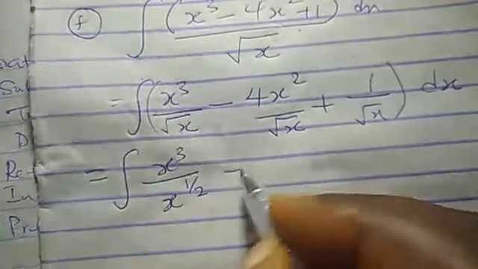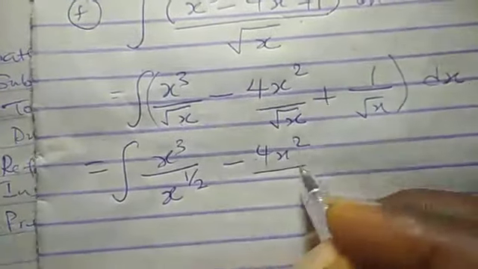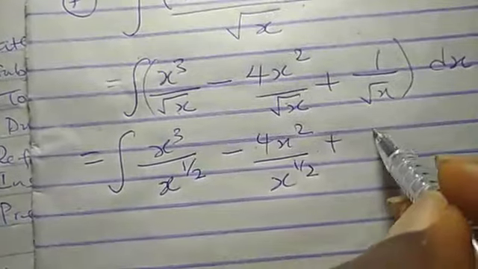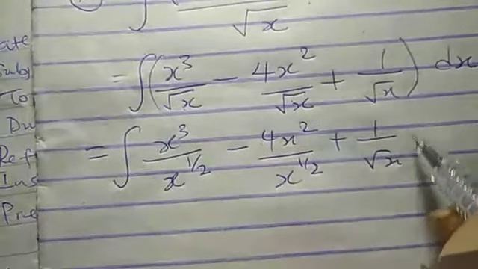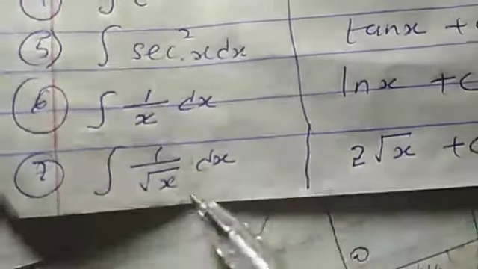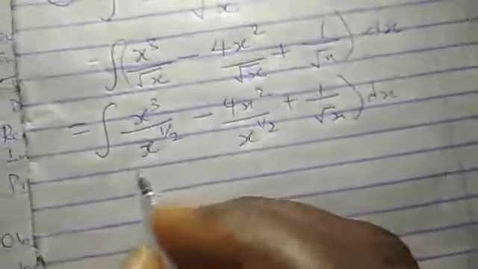Square root of s minus 4s^2, this is s raised to the power half plus, let me leave this one because this one has standard integration which I have seen here. 1 over square root of s has a value already. So if I can memorize that, I don't need to stress myself.